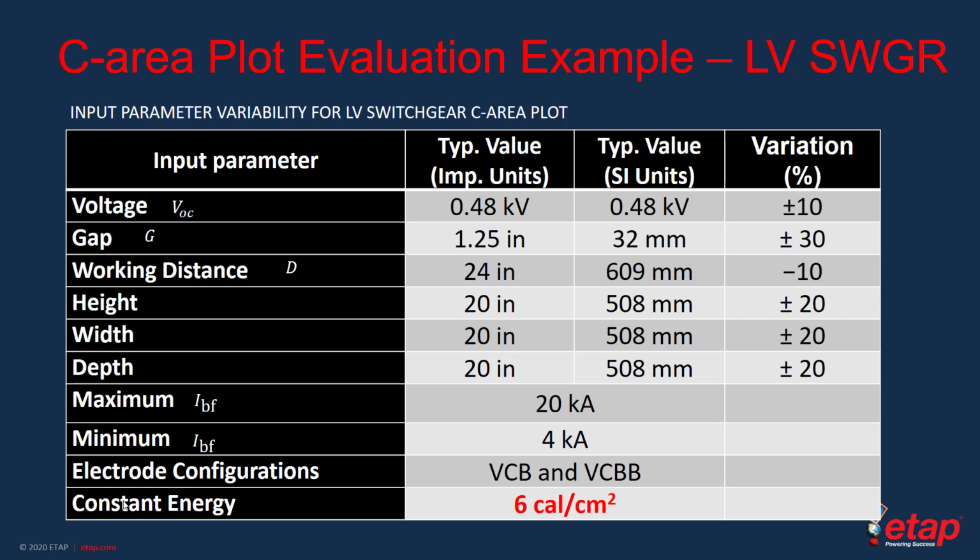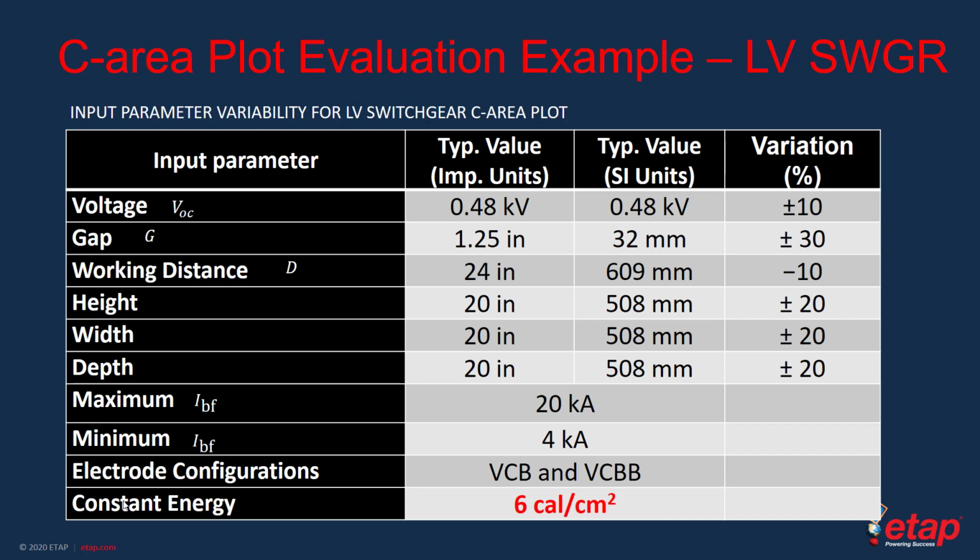Fortunately, ETAP engineers perform months of research on different types of equipment for different voltage levels and compiled a range of variations for each type of equipment. These default variation values for each type of equipment are included in the auto evaluation program as typical data that can be applied to different types of equipment. But now, having said that, we can continue with the example.